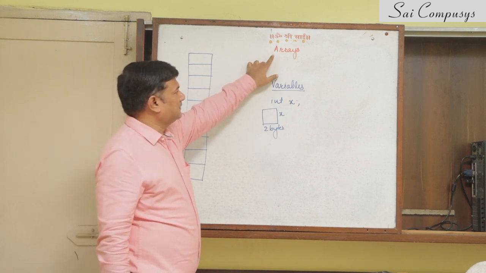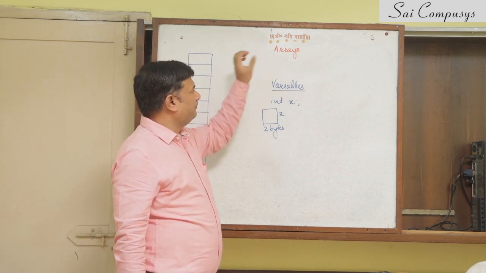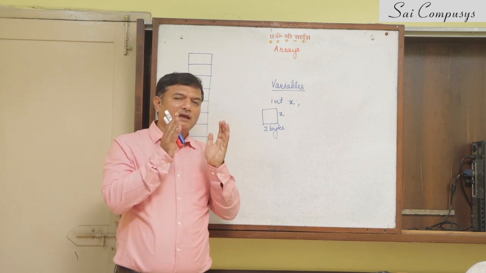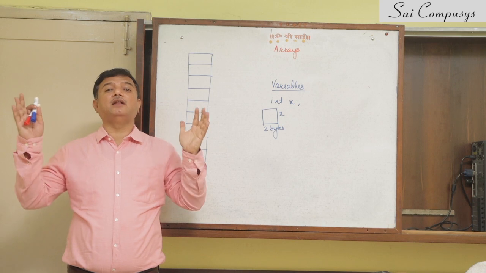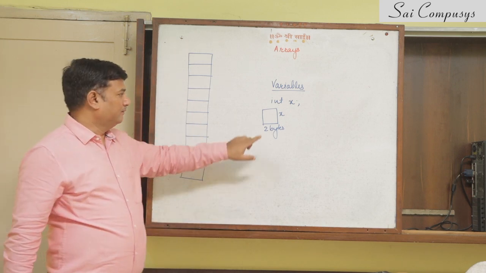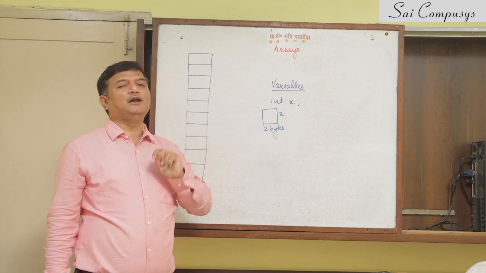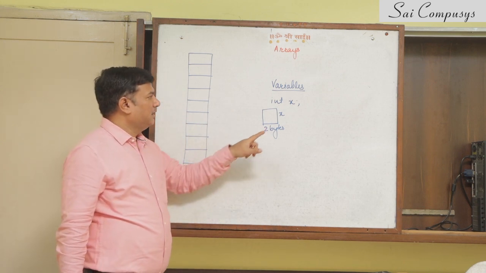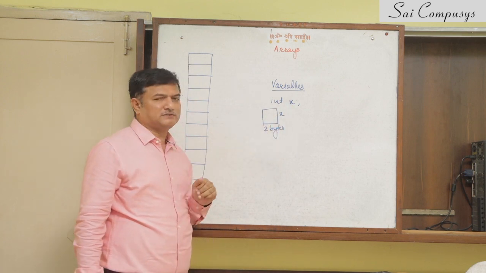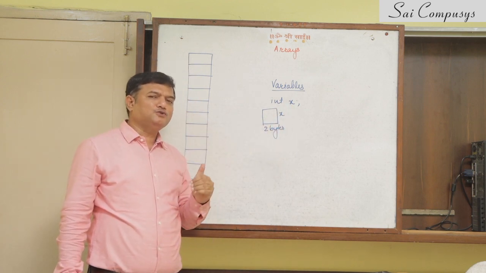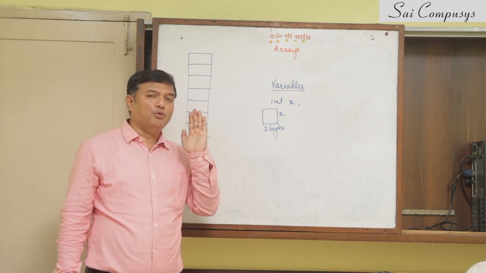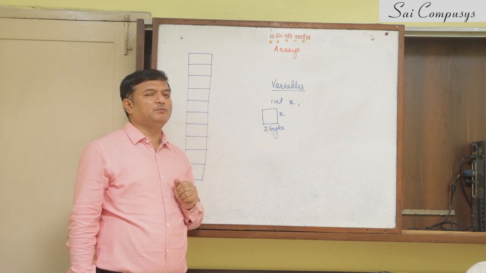Now this array is also basically a variable. An array is an extended variable. It's a large variable which can hold multiple values in it. A normal variable can hold one value at a time. Let's say I store a number 32 in this variable x, and I try to store the number 70. 32 and 70 both cannot be stored in this variable x.